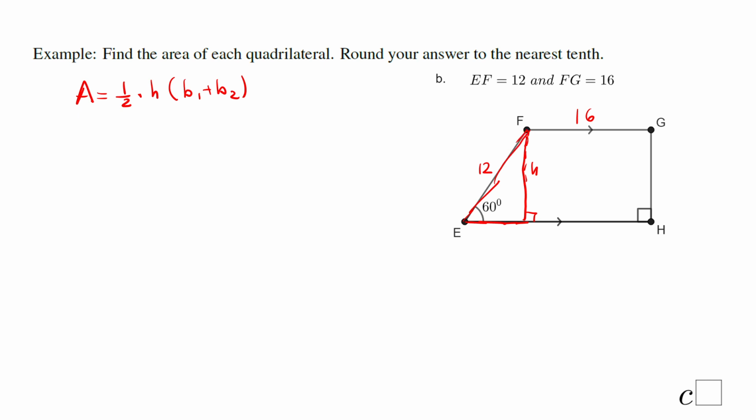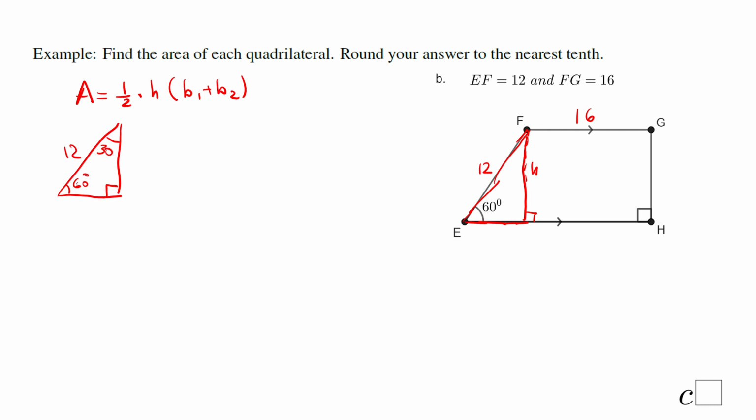And that is another special right triangle. I'm going to draw it here. This is 12 and this is 60. That is given in the problem very fast. You know, this one is 30.